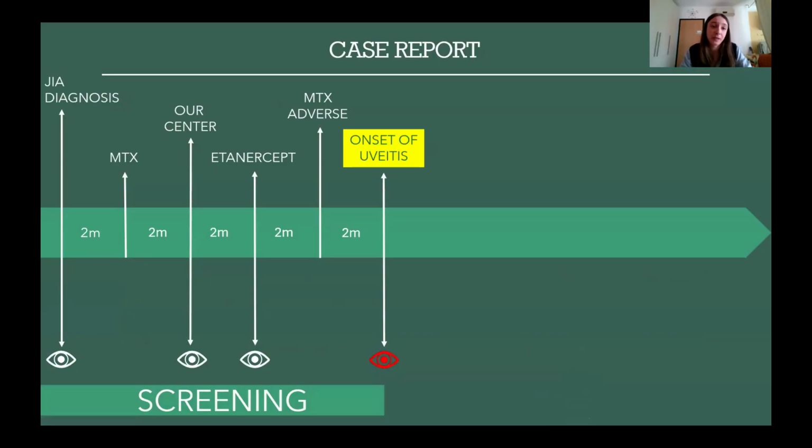Here we have our timeline. On the top, we can see the main events, and at the bottom, we can see ophthalmological screening evaluations. So she did ophthalmological evaluation at the baseline, then after 4 months, after 2 months, and then after 4 months, where we have the onset of uveitis.